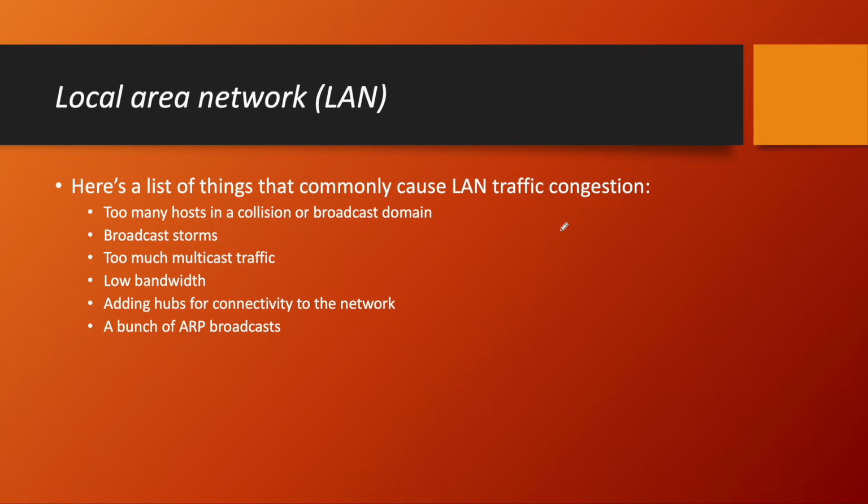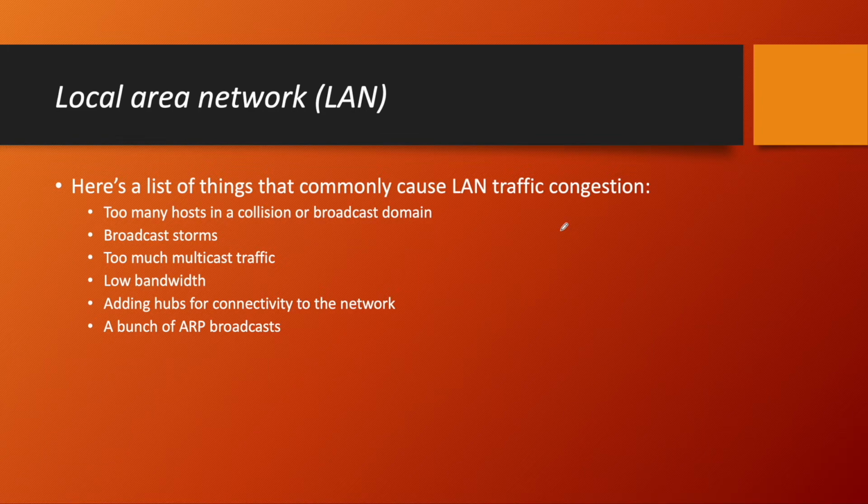So that increases the traffic. And of course, broadcast storms. We will learn what broadcast storms are later on. When you create a network, and if the network has a loop, if one broadcast message is sent into the network, then that goes around and around and around. So that creates a broadcast storm.